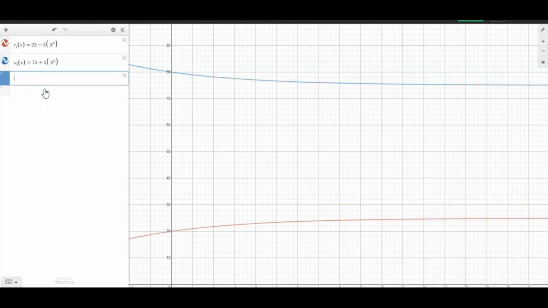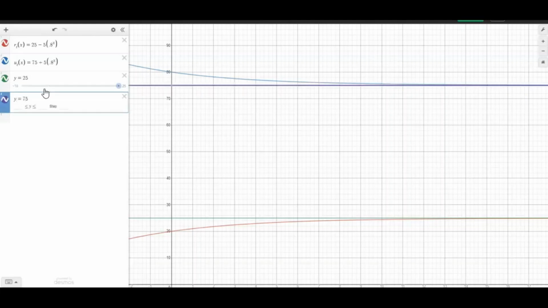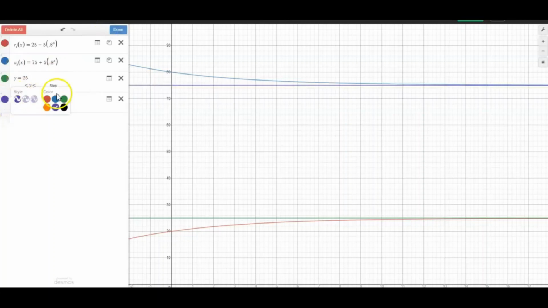Let me put in a couple of asymptotes here: y equals 25 and y equals 75. These asymptotes are the values at which the rural population size and the urban population size stabilize.